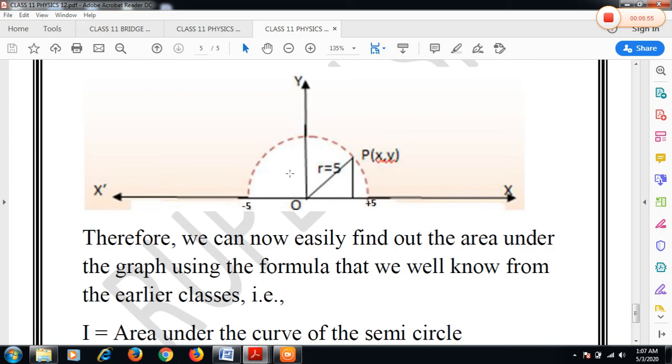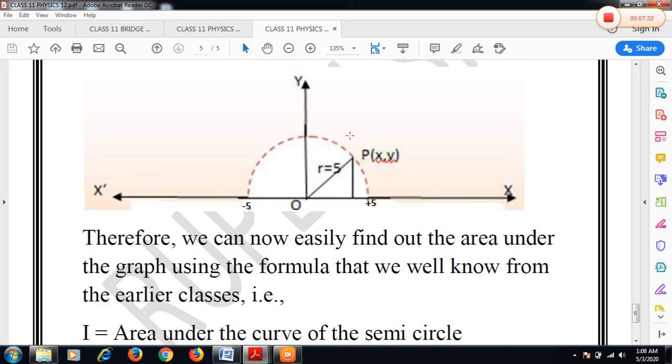This white shaded area is what we need to find out, the area of this region only. Why? Because y has been given as plus. So all the negative portion of y has been omitted and we need to calculate only the area of the upper half portion above the x axis, since it represents the entire positive y part.